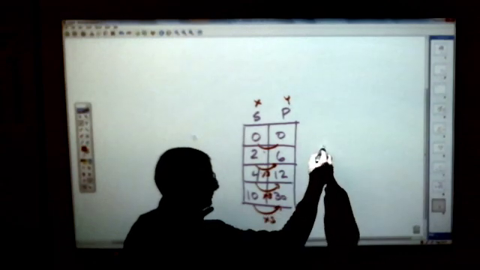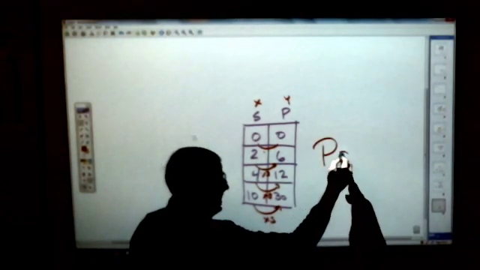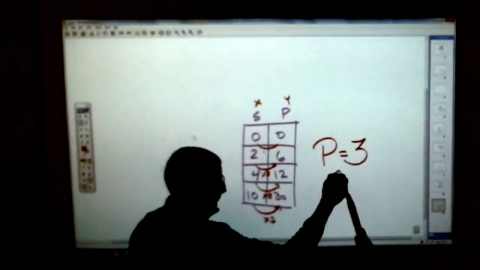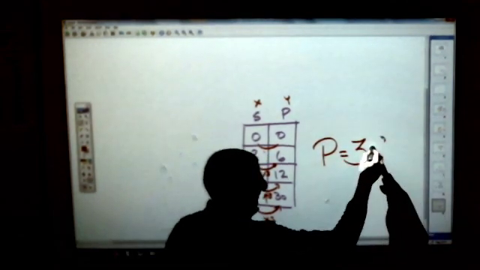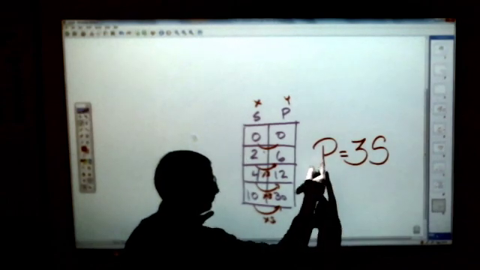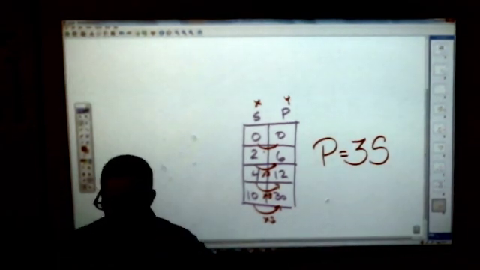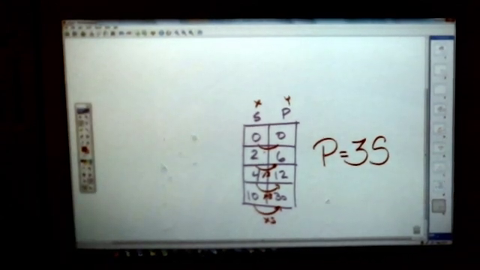Instead of Y equals, it would be perimeter equals what? What's my constant of proportionality? 3. And what am I multiplying that by? The side. Perimeter equals 3 times the side. Is that proportional? Yes.